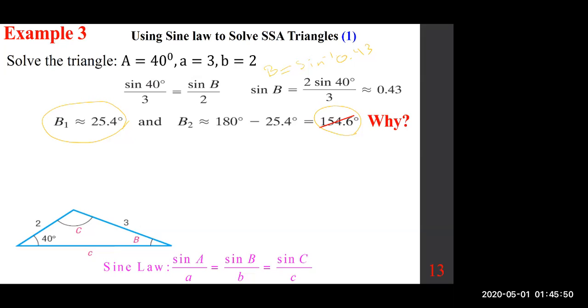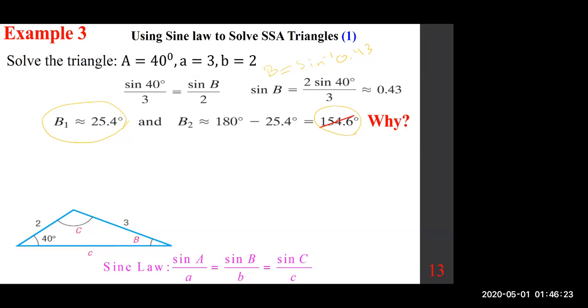However, we say 154.6 is not an acceptable answer. Can anybody tell me why? It's acute. I'm sorry, one more time. It's above 90. There's nothing wrong with that. That becomes obtuse, and that's fine. Above 90 is obtuse. That is not the reason, Joseph. Can anybody tell me why 154.6 is out?